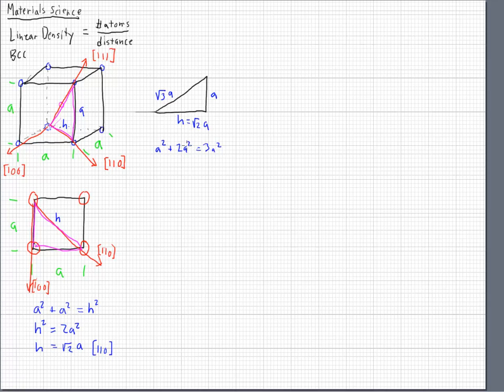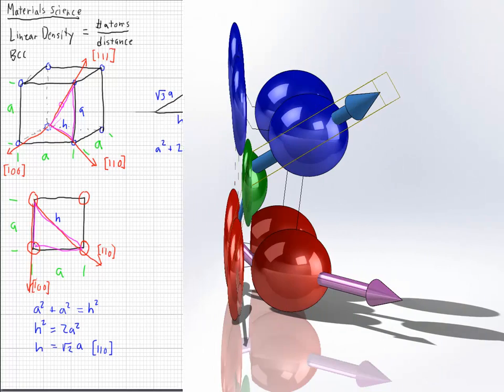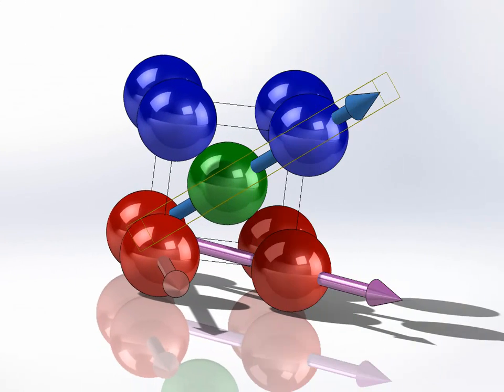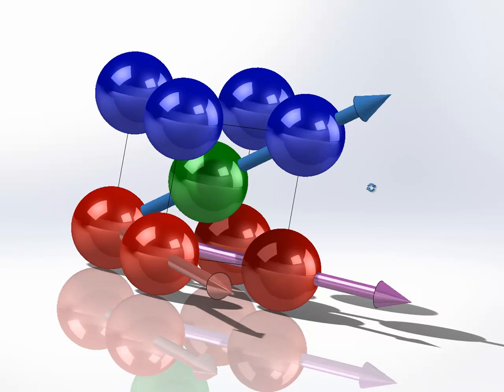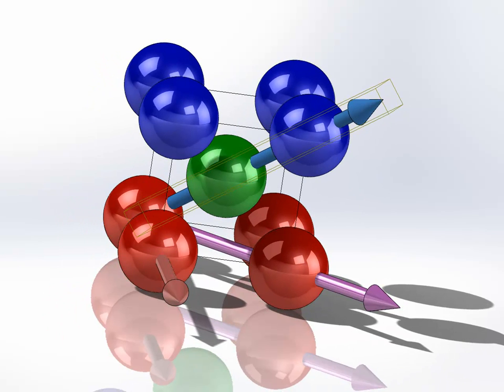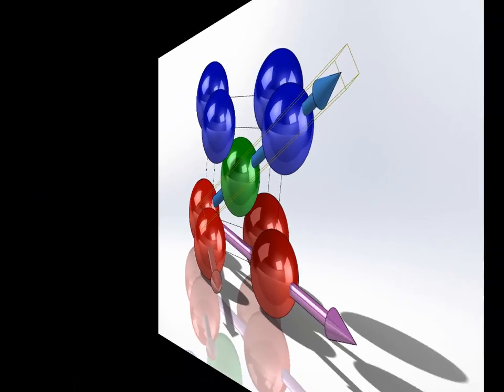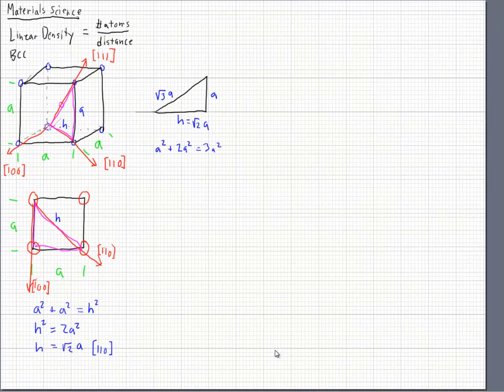But we need to find linear density in terms of the radius of the atoms. Well, as we figured out before, this distance along that 1, 1, 1 direction is 1, 2, 3, 4 atom radii long.